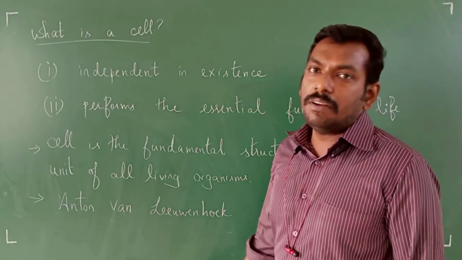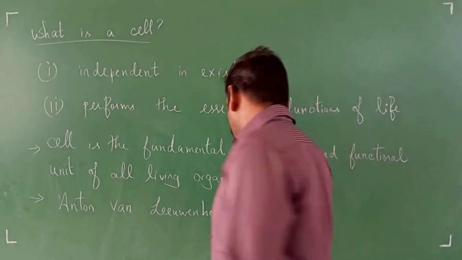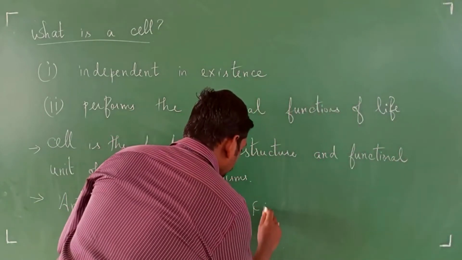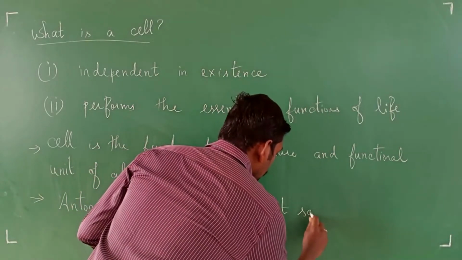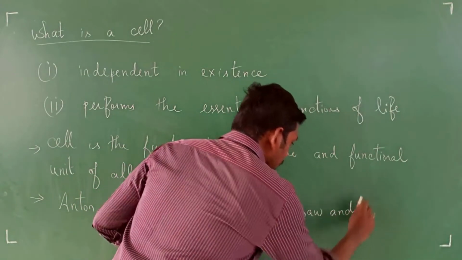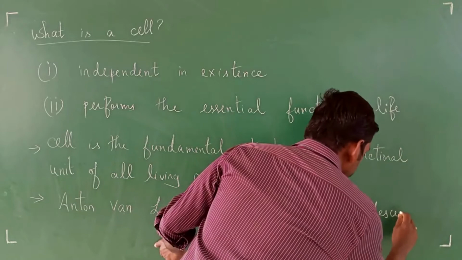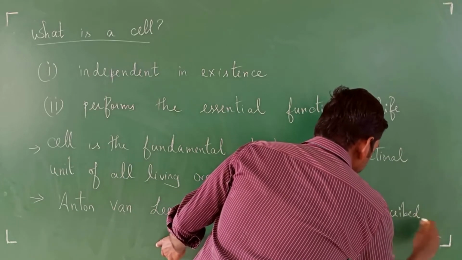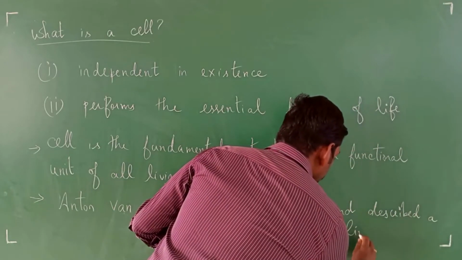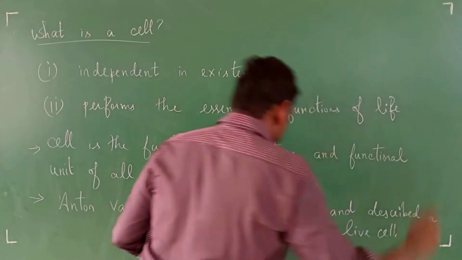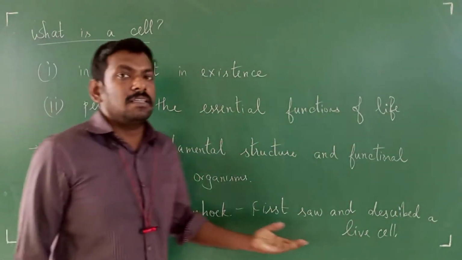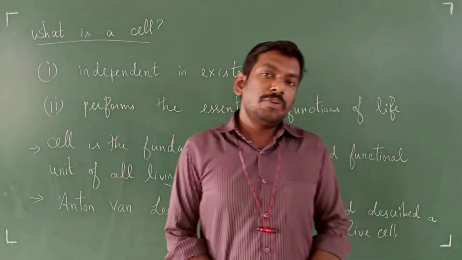Anton van Leeuwenhoek was the one who first saw and described a live cell, right? He was a Dutch cloth merchant and he was very curious.